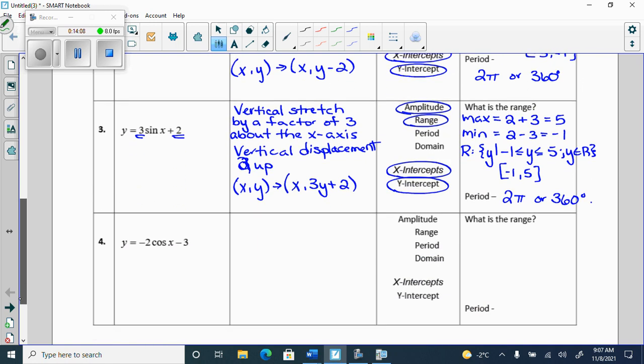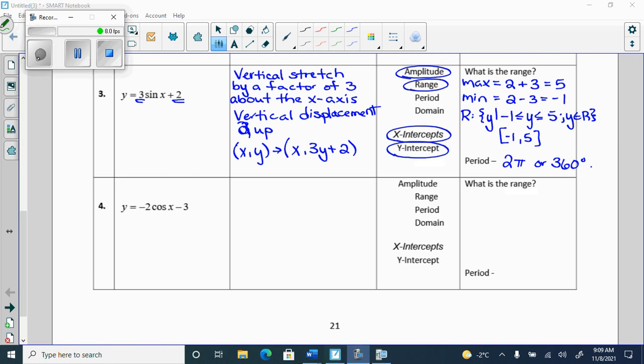Okay, you're doing number 4. Okay, we have a vertical stretch. Vertical stretch by a factor of 2 about the x-axis, and it's not negative because the negative is actually a what?